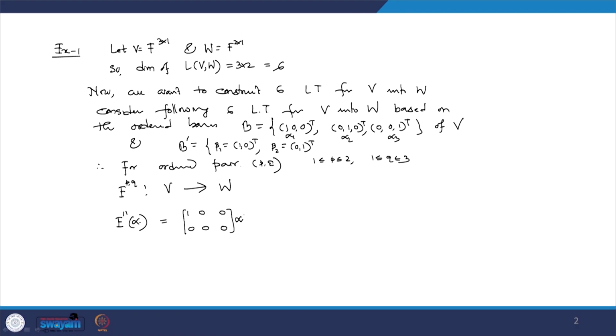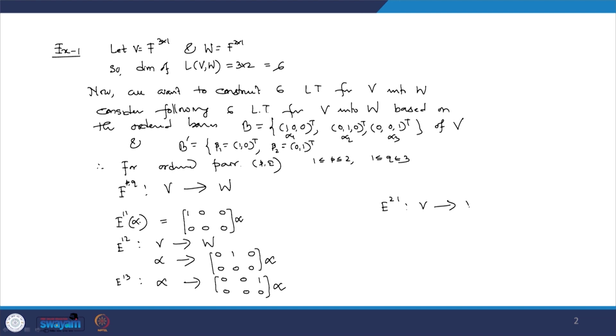Alpha is basically my column vector, please. E12 from V to W I am defining as alpha goes to the matrix [0 1 0; 0 0 0] times alpha. E13 I am defining again as alpha goes to [0 0 1; 0 0 0] times alpha. E21 mapping from V to W is like this: alpha goes to [0 0 0; 1 0 0] times alpha.